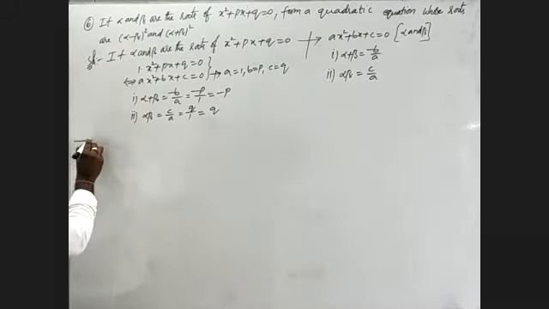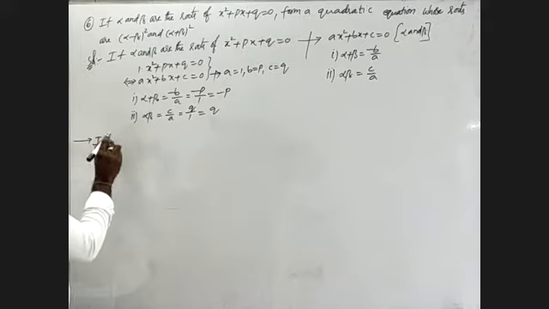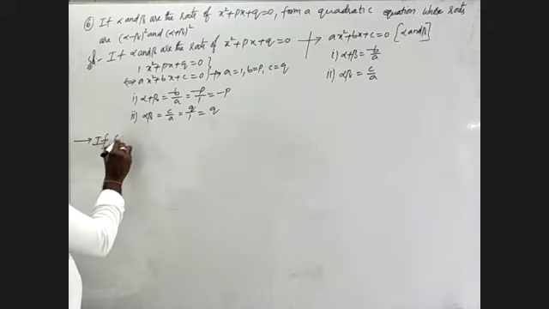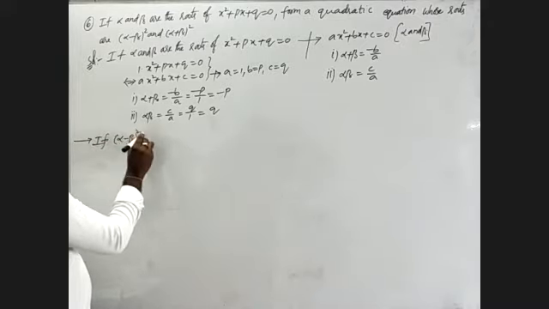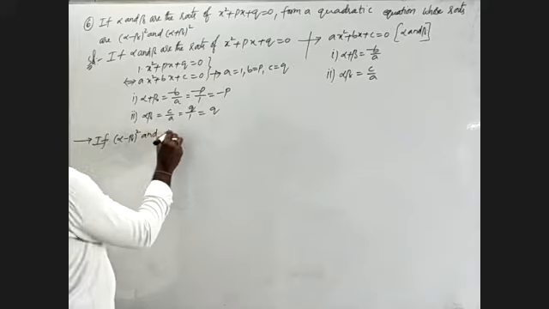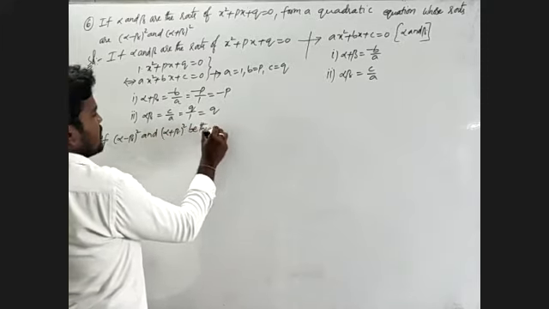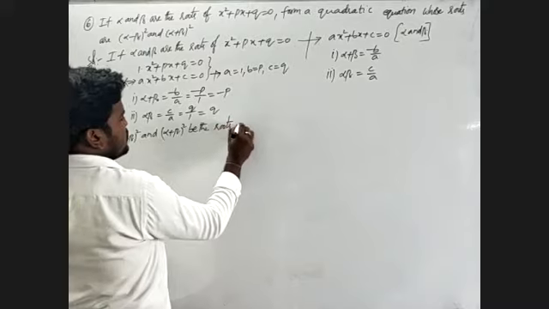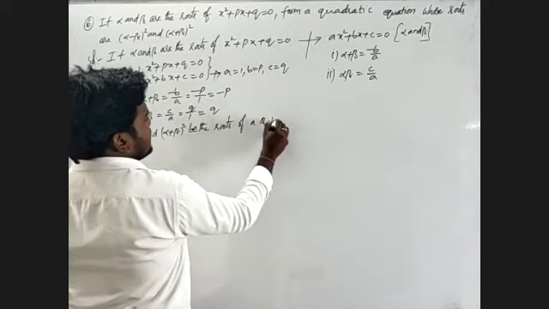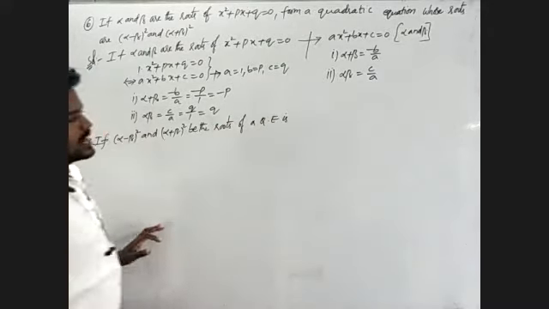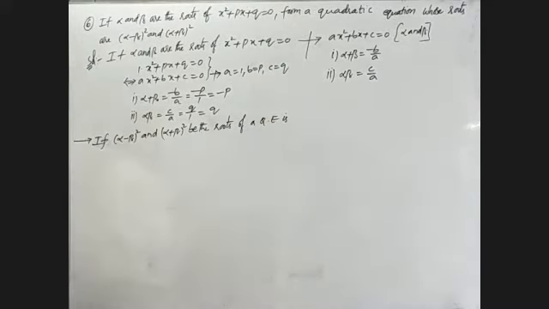That I will write: if alpha minus beta whole square and alpha plus beta whole square are the roots of a quadratic equation, what will we write?